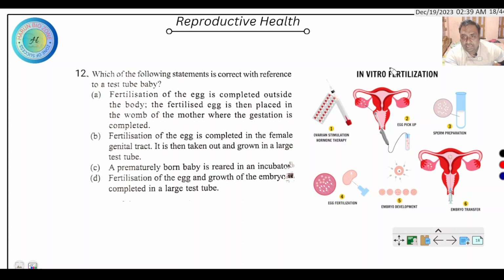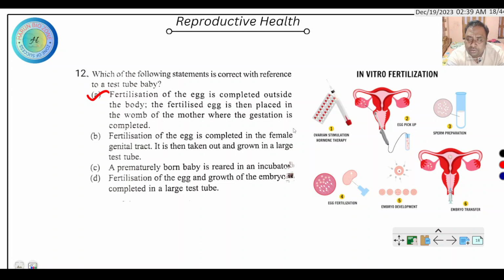This is the in vitro fertilization process. Okay. In case of in vitro fertilization process, first ovarian stimulation, means MOET technology, where the female body is injected with luteinizing hormone and follicle stimulating hormone. This hormone stimulates production of a large number of eggs in the female body, in which normally only one egg is produced every month in alternate ovaries.